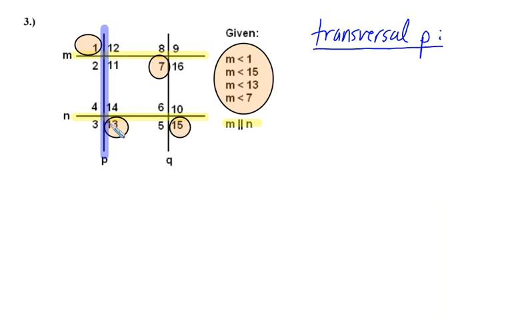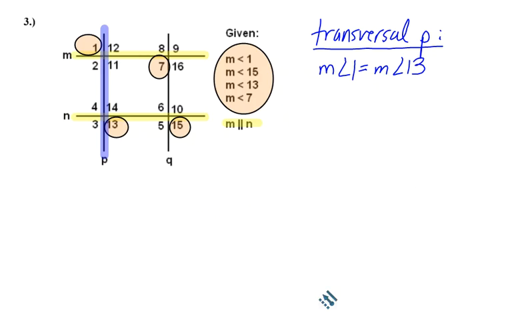Now, when we look at transversal P, the two relevant angles are angles 1 and 13. Those angles are alternate exterior angles, and alternate exterior angles are congruent, or more specifically, they are equal in measure when formed by parallel lines.